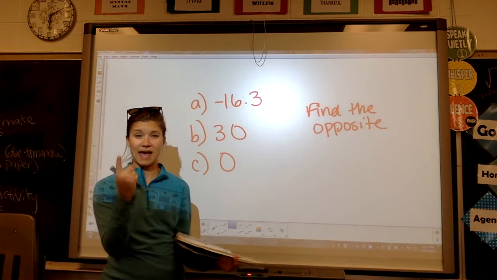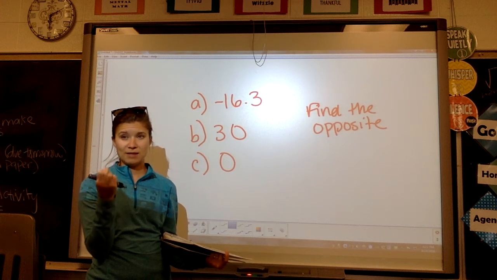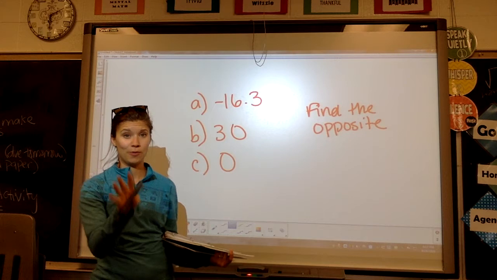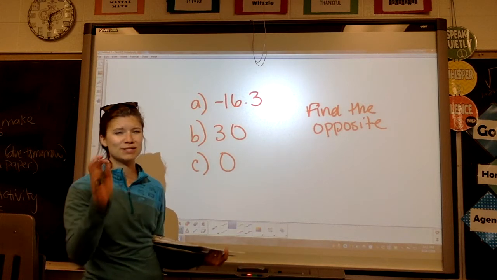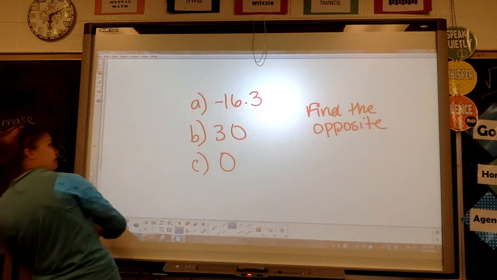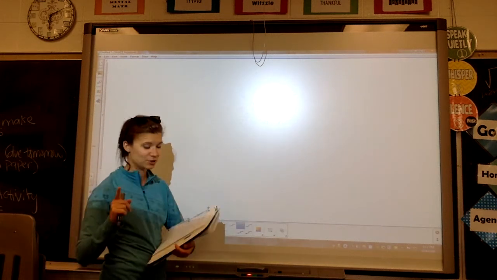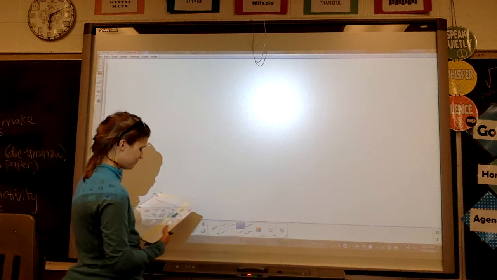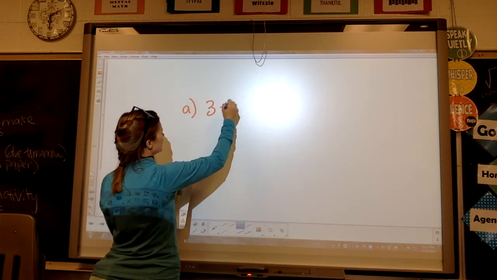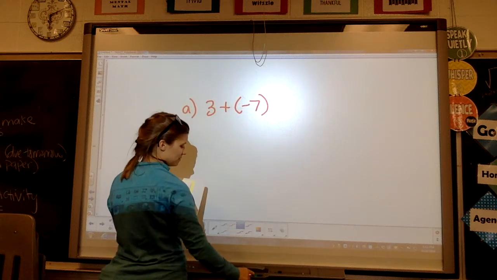All right, now I'm going to skip a part of our book. Okay? I'm skipping adding, subtracting, multiplying, and dividing. I think you guys are pretty good with that, I hope. Okay, but I'm going to give you some sample ones that are a little bit tricky just so we can talk about it and refresh our memory. So I'm skipping adding, subtracting, multiplying, dividing, but I want you to try these. I want you to try 3 plus negative 7.